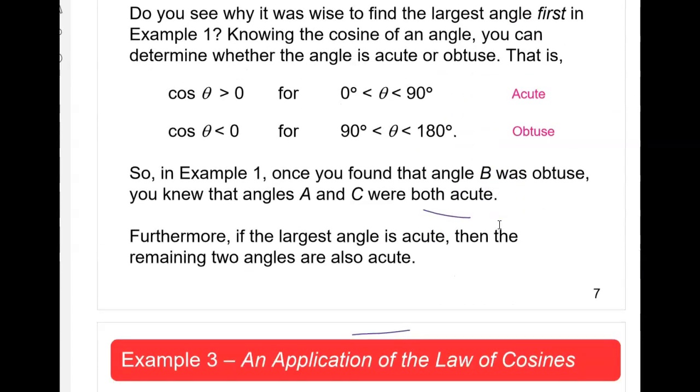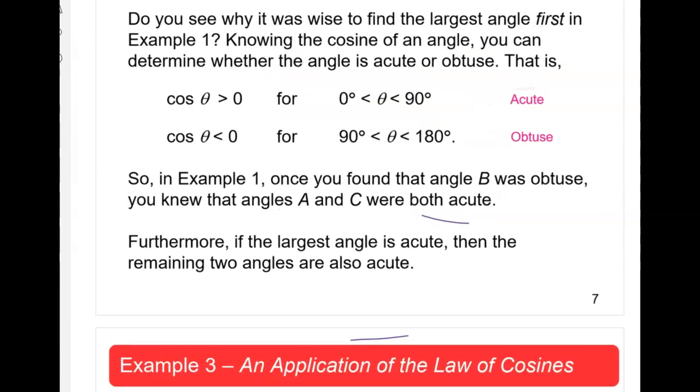In example 1, knowing the cosine of an angle, you can determine whether the angle is acute or obtuse. That is, if the cosine is positive, we are talking about an acute angle.